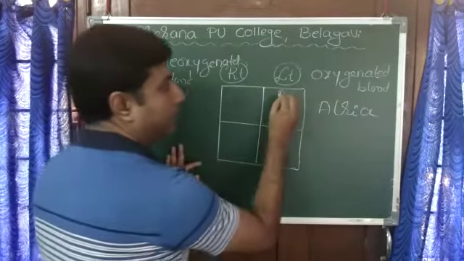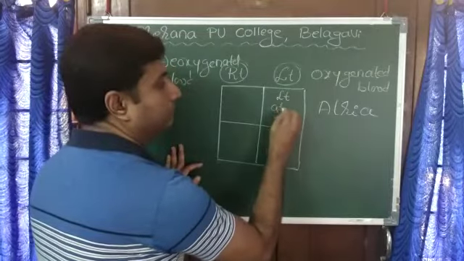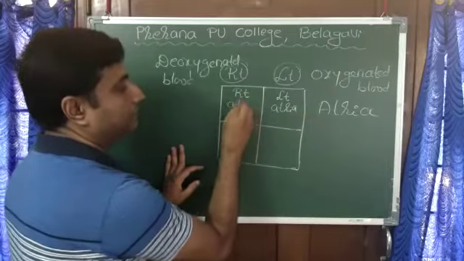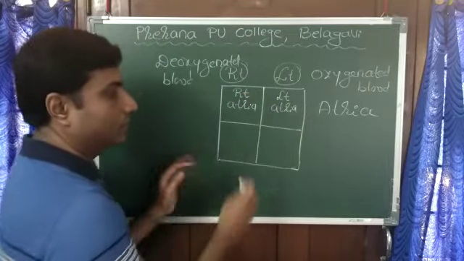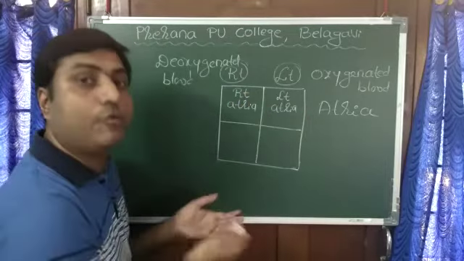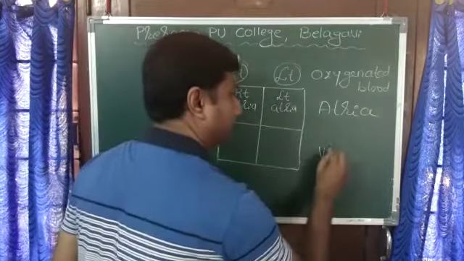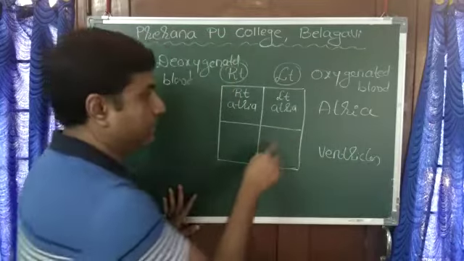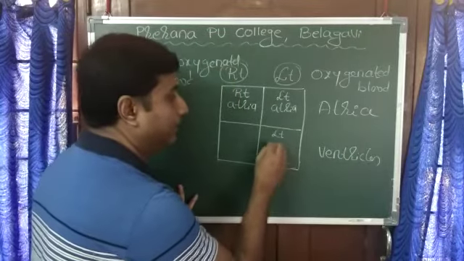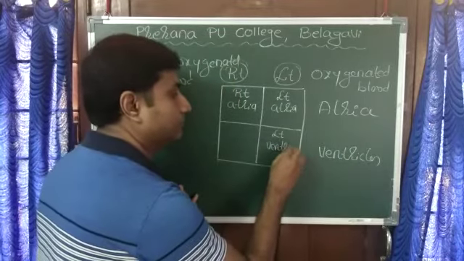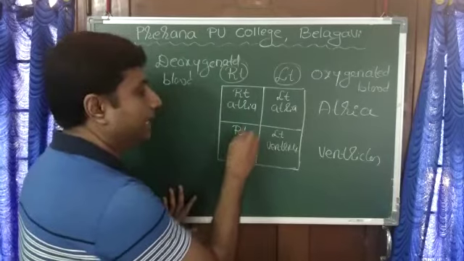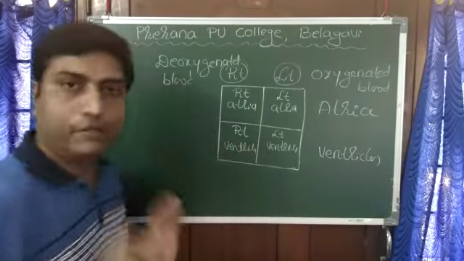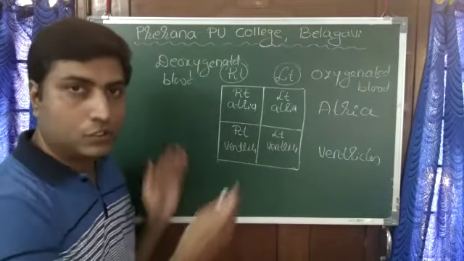This is the left atrium and this is the right atrium. The lower 2 chambers are called ventricles. This is the left ventricle and this is the right ventricle. Okay, so this is clear.